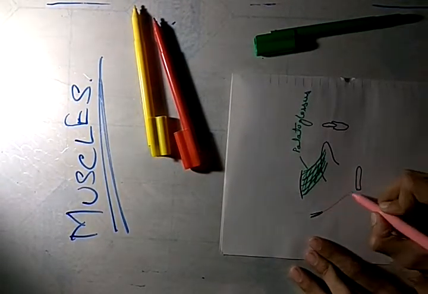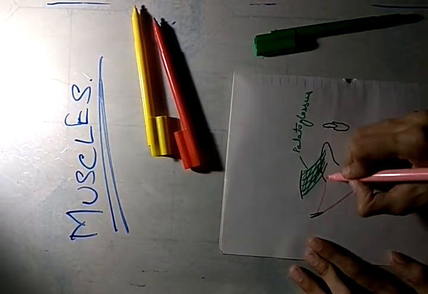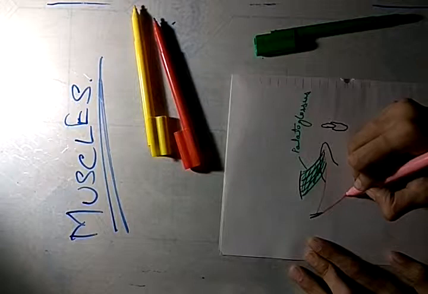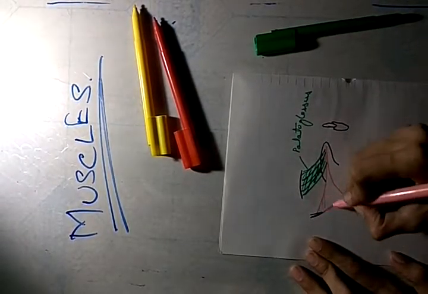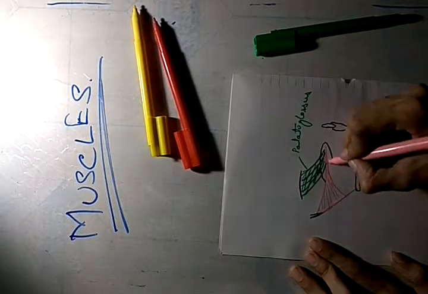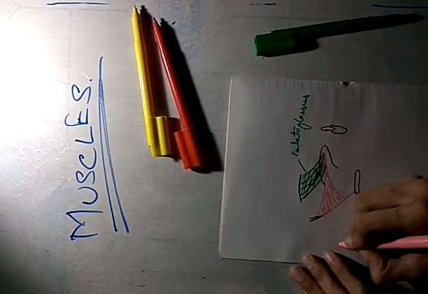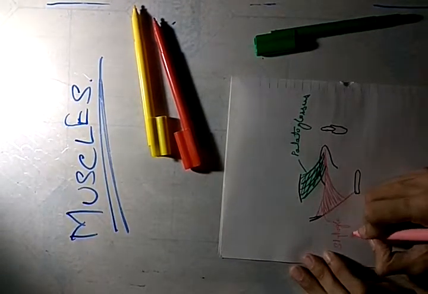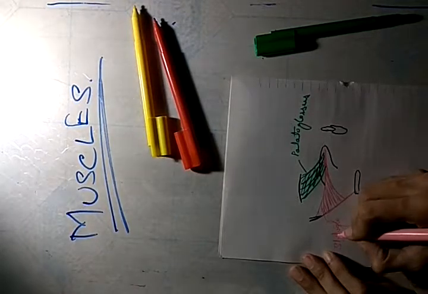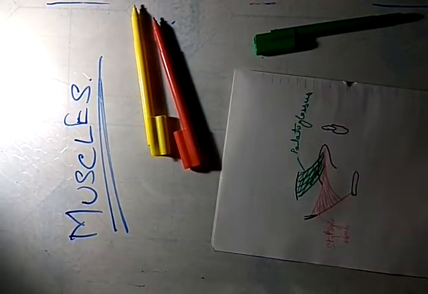So first let's draw our ligament and then our muscle. It is a long conical shape muscle, usually shown like that. Styloglossus. Please don't mind that.